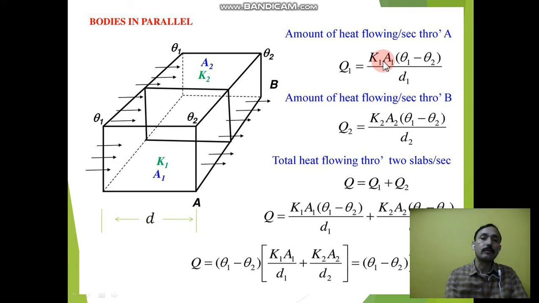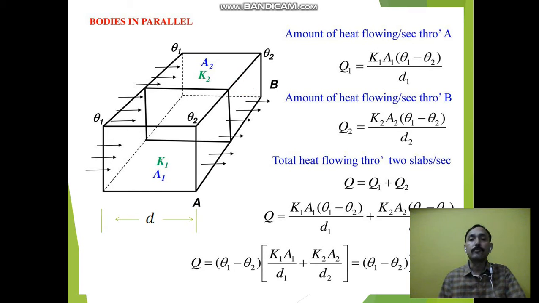That means Q1 is equal to K1 A1 (theta 1 minus theta 2) by D1, where we are considering initially D1 as the distance from this point to this point for the slab A. The amount of heat flowing per second through B, Q2, is equal to its conductivity K2, its cross section area A2, and temperature difference theta 1 minus theta 2 by D2, where D2 is the distance the heat covers in the slab B.